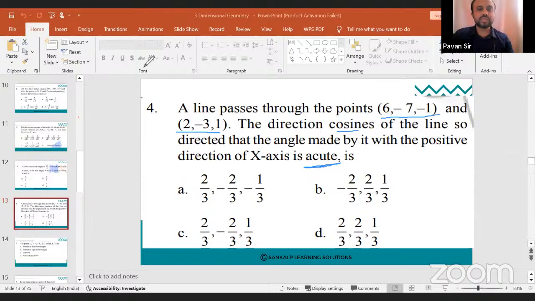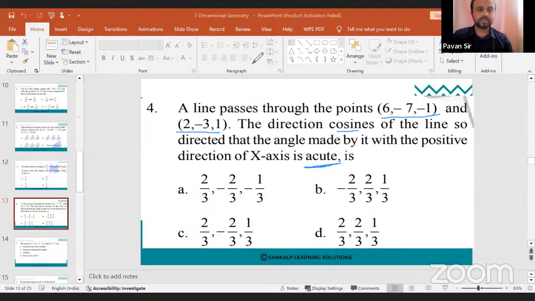Already some students are giving the answer. Kushi has given option B. Okay, got the answer.